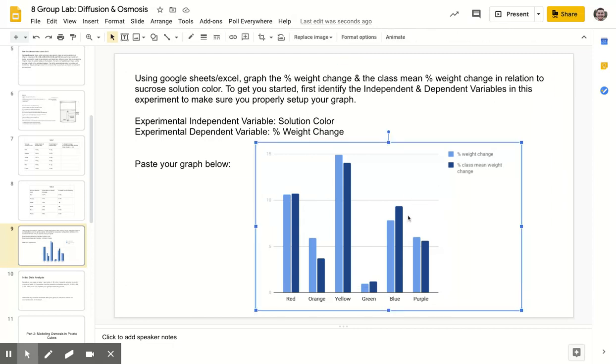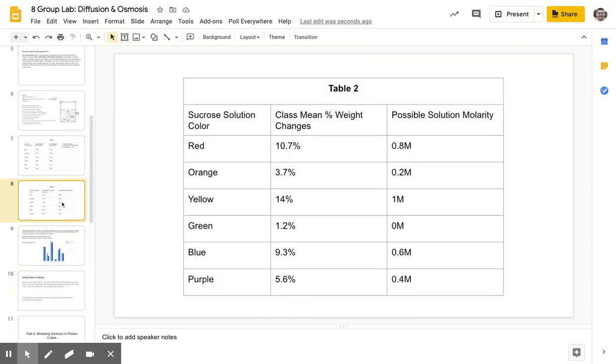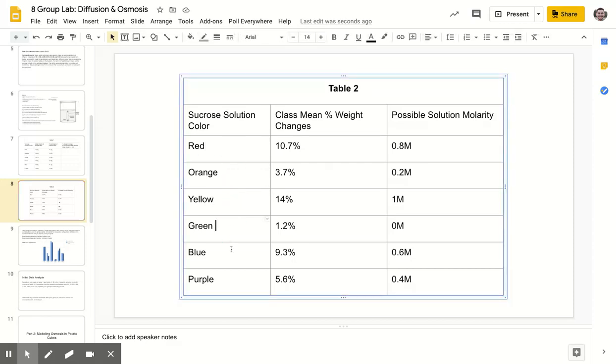So we can look at this data and predict which colored solution corresponds to which concentration, because that was the premise of part 1. The idea is that the higher the solution concentration in the dialysis bag, the more water is going to diffuse into that bag because it has a lower water potential. So water is going to want to rapidly move inside that dialysis bag.